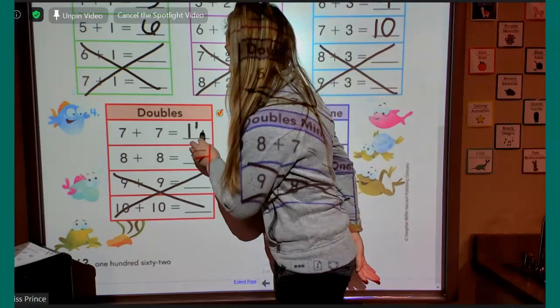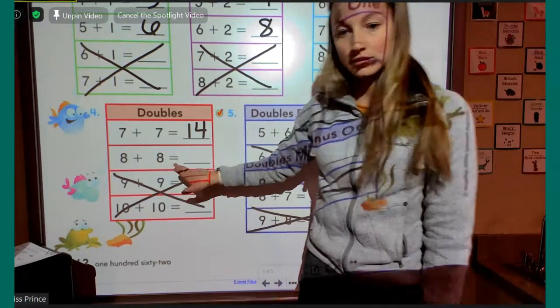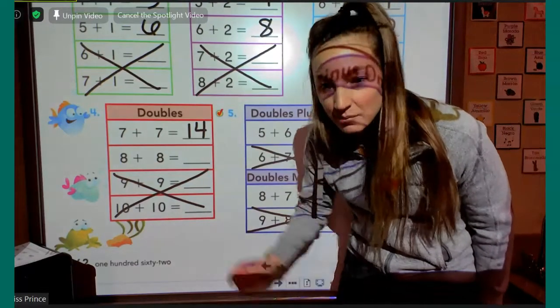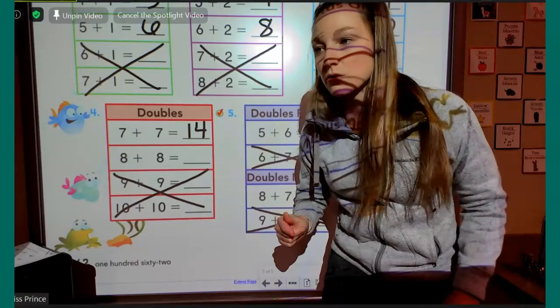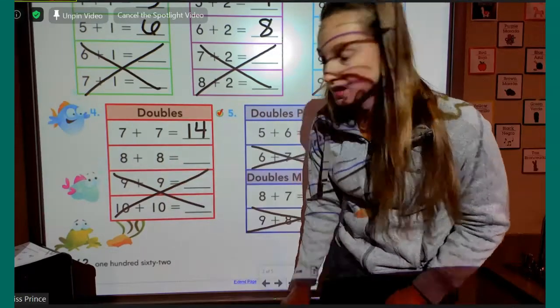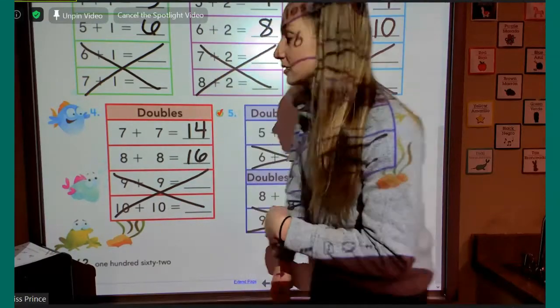Excellent job. Super quick. Let's say 16. Do you see how quick that was, Liam? It was like, I know these doubles so quick. So that is why it is super important that we practice these together. These are going to be so easy on your test.